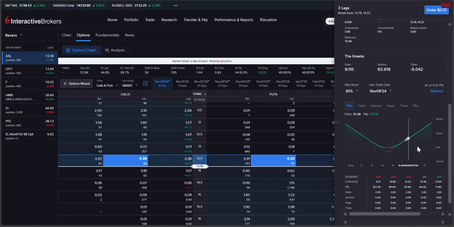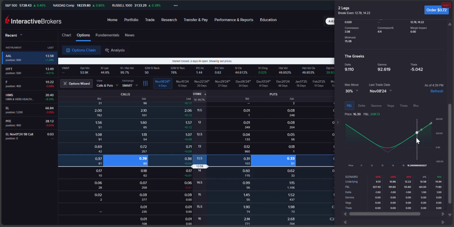And so this strategy has a lot of profit potential, potentially unlimited, because there is no upper limit to where the stock can go. On the lower side, the stock can at the limit go to 0, and you still get to sell it at a strike price, in this case 13.50.